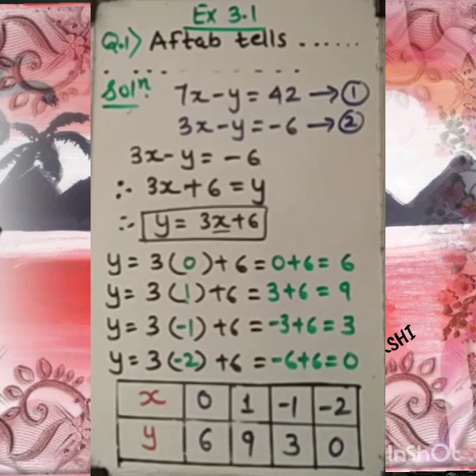It means that these are the coordinates: (0, 6), (1, 9), (minus 1, 3), (minus 2, 0). And we have studied nicely in the previous class that these coordinates lie in different quadrants. I am giving you a clear idea about all this.